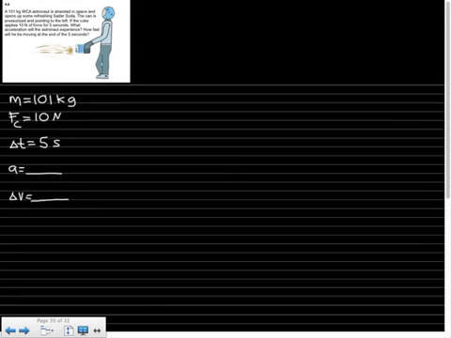The next step is to draw a free body diagram. This dot represents the guy. The guy is the system, the thing experiencing the forces. What forces are acting on him while the Coke can is opened?